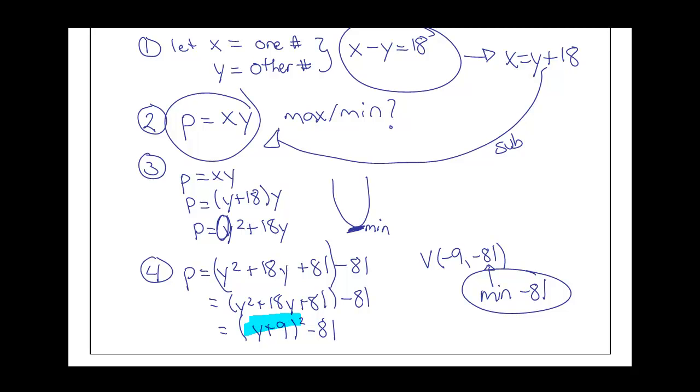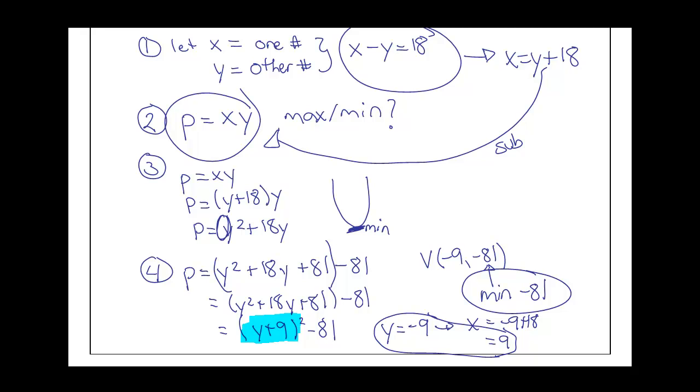Since we have our y variable here, that means the y value we had was -9. From there we can find our x value by subbing back into that equation we had: -9 plus 18, which also equals -9. Hence, we have a minimum value of -81. Hence, our two numbers that multiply together to have our minimum of -81 are -9 and +9.